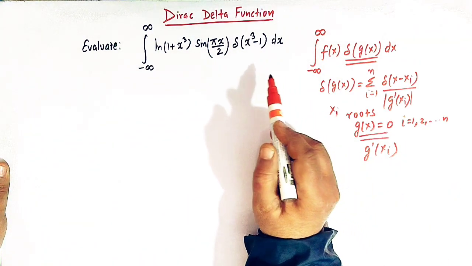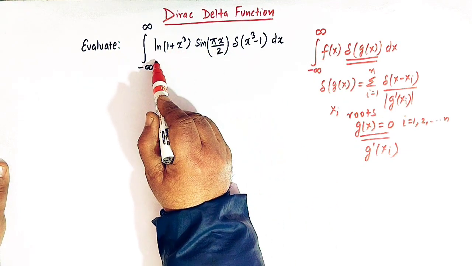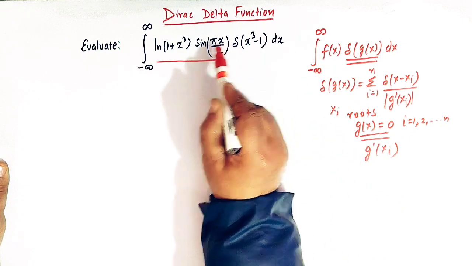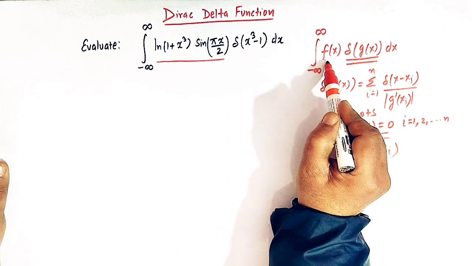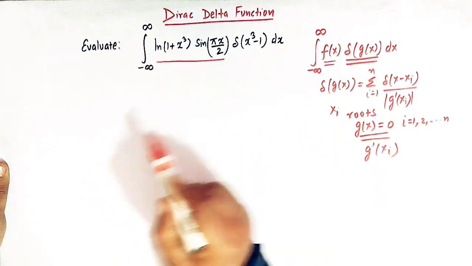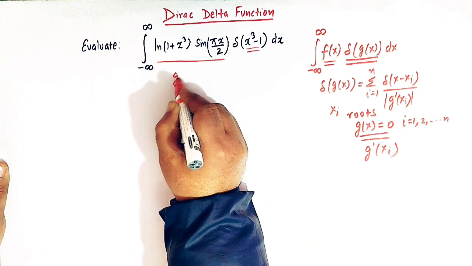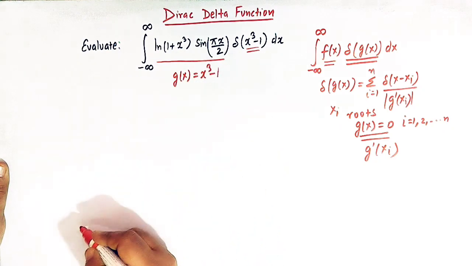Now if we compare this integral with this one, then log of (1 plus x cube) sine(pi x over 2) is our function f of x, and g of x is equal to x cube minus 1.